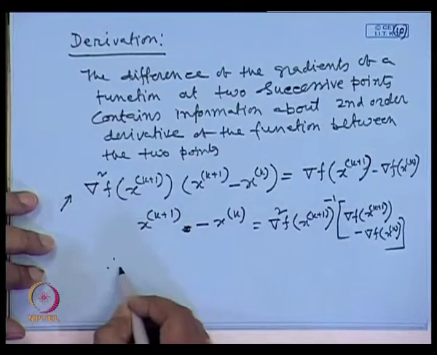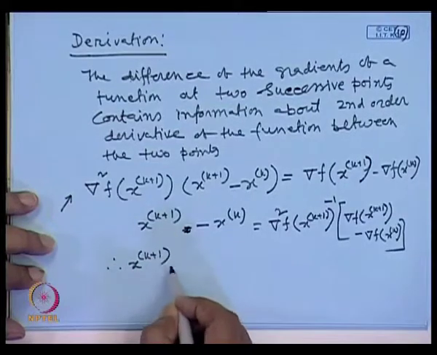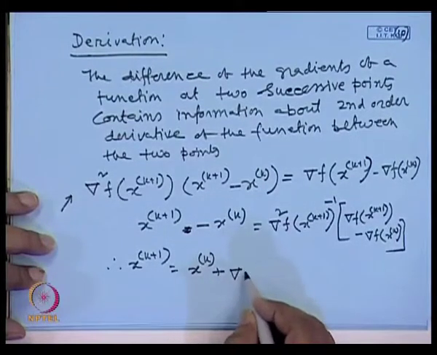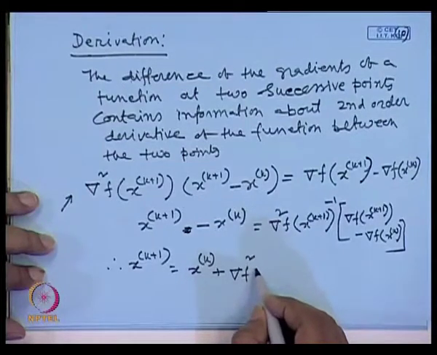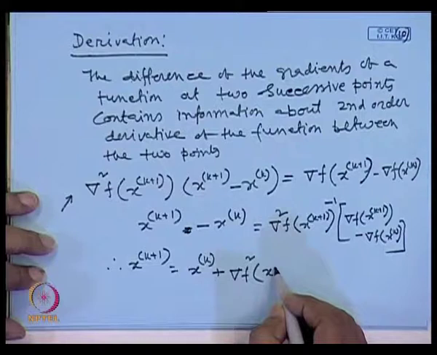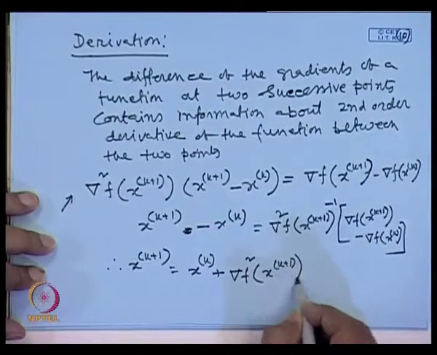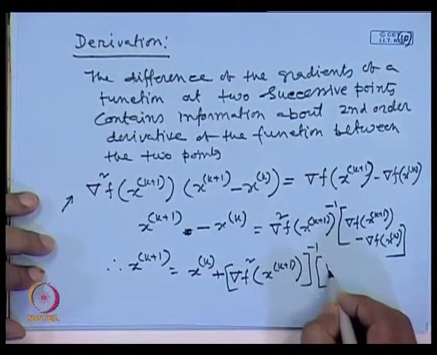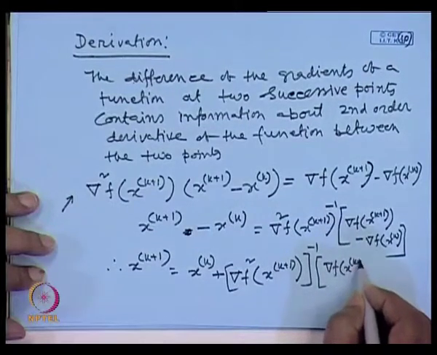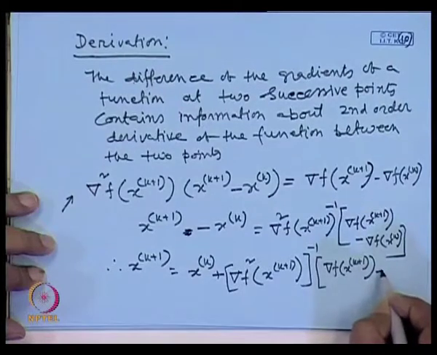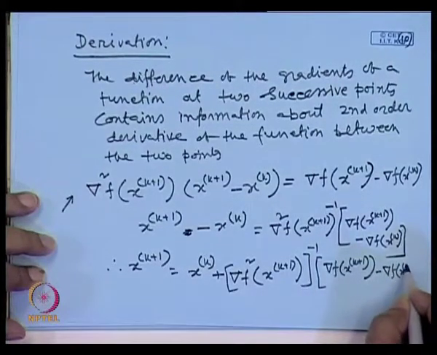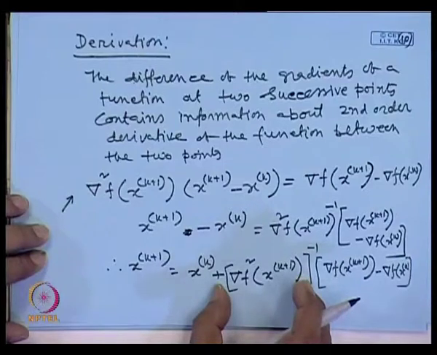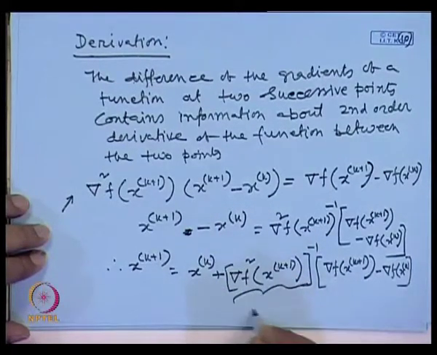So, what is this expression now? I can write x^(k+1) is equal to x^k plus the Hessian matrix at x^(k+1), whole inverse, into del f of x^(k+1) minus del f of x^k. Agree?